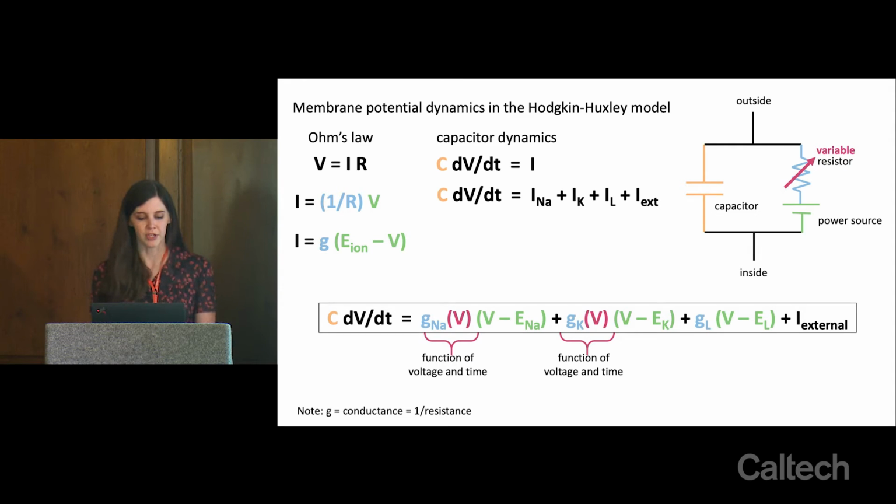Importantly, both the sodium channel and the potassium channel are voltage dependent, so the conductance of the channel is a function of the membrane potential of the cell. This might be very low at a very low membrane potential, and as you increase the membrane potential, the channels are going to open, your conductance is going to increase, and now these 2 terms are going to contribute much more strongly to the dynamics of the cell.